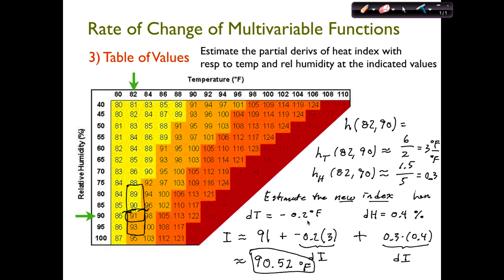No, these are apples and oranges, right? Temperature is its own quantity and humidity is its own quantity, so you're not going to multiply across those. You want to multiply the change in humidity by its rate of change and the change in temperature by its rate of change. They're two totally different quantities. So you wouldn't be multiplying these changes together. Does that make sense?